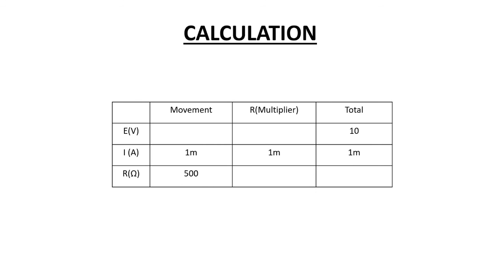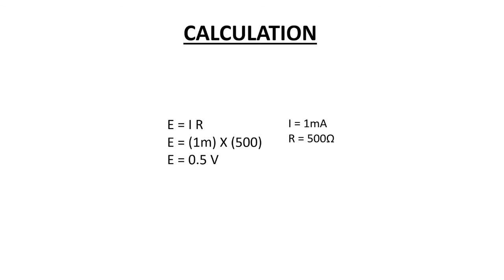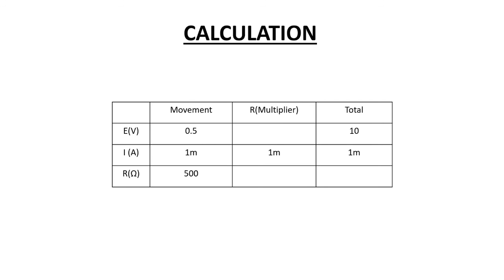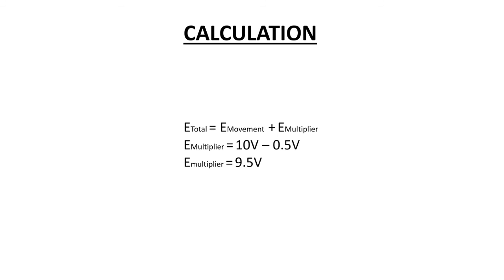Now with these values, we will find the voltage at the movement using this formula: E equals IR. Given I equals 1 milliampere and resistance 500 ohms, we get 0.5 volts for E movement. Now, since we have E movement and the total voltage, to get the E for R multiplier, we just have to subtract: E total minus E movement.